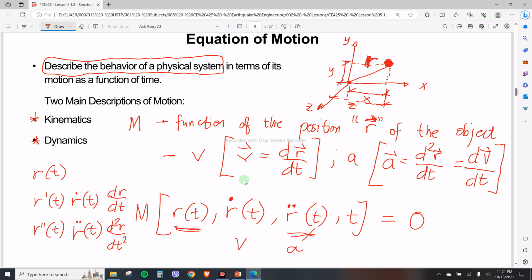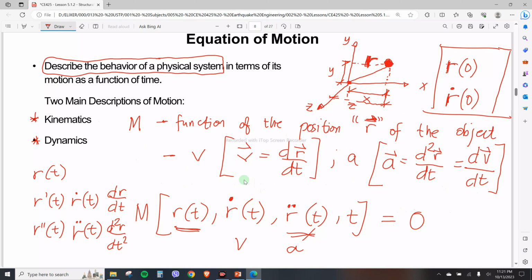So here, since we involve the differential equation, you will have a general solution, and then you will have your particular solution. The initial conditions are what give us a particular solution: we determine the position when time is equal to 0 and the velocity at time equal to 0.